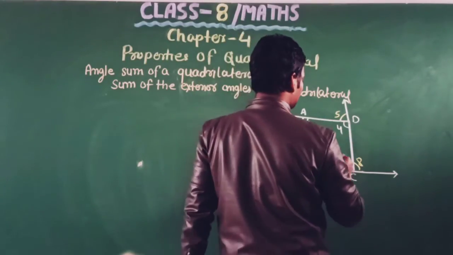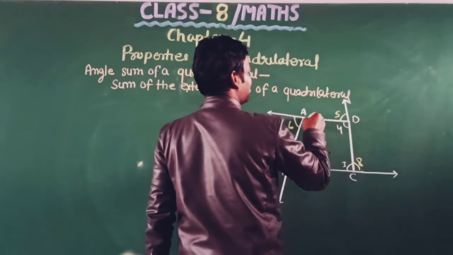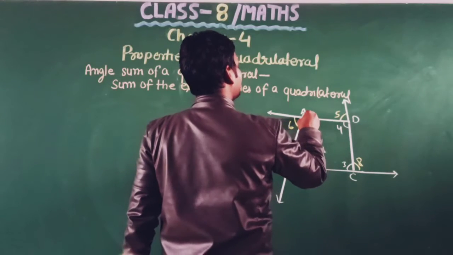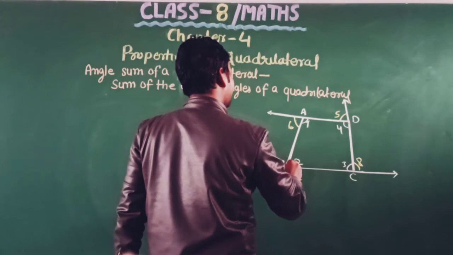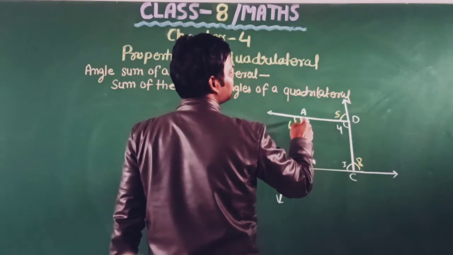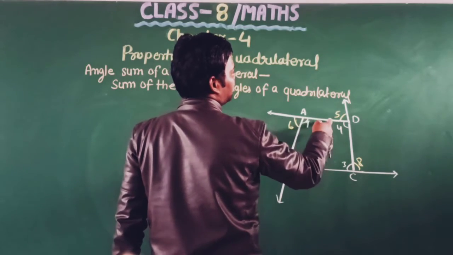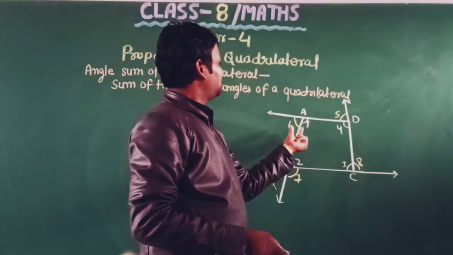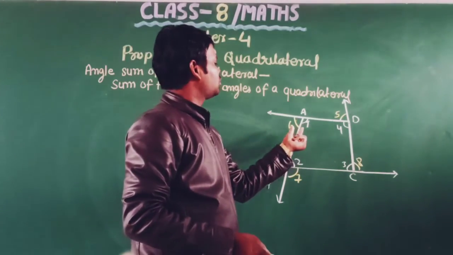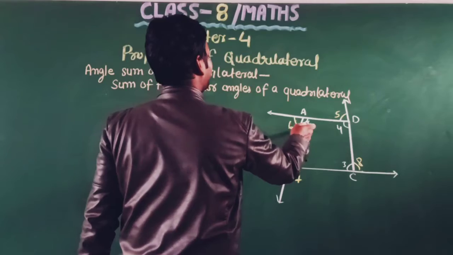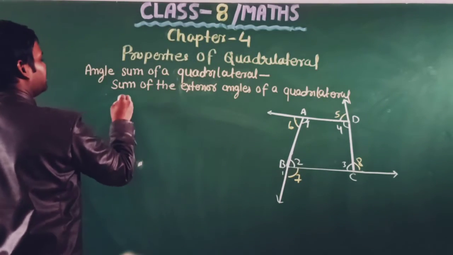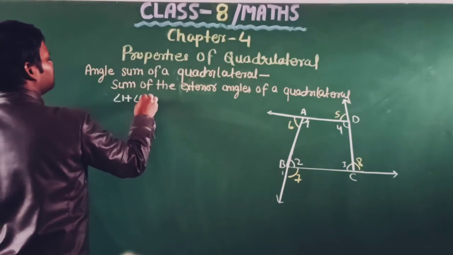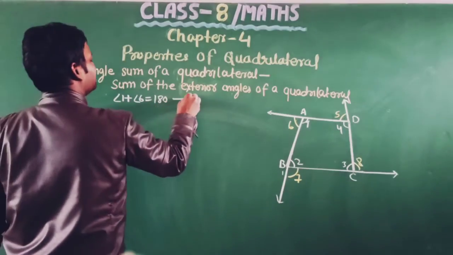So we know that on this side of the quadrilateral, line AB stands on side AD, so we form a linear pair. The sum of the angles is 180 degrees, so angle 1 plus angle 6 equals 180 degrees.